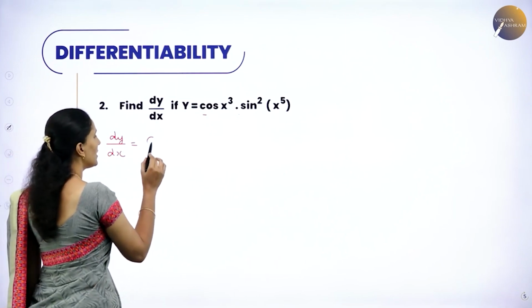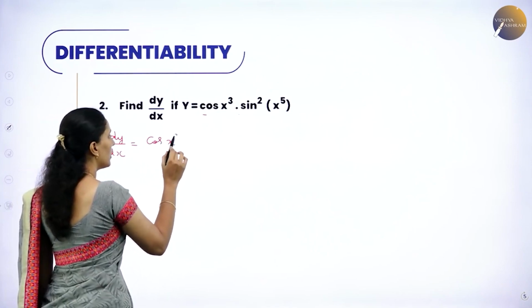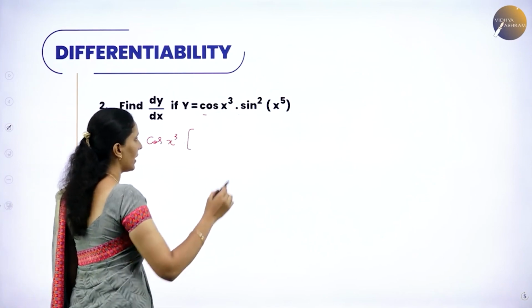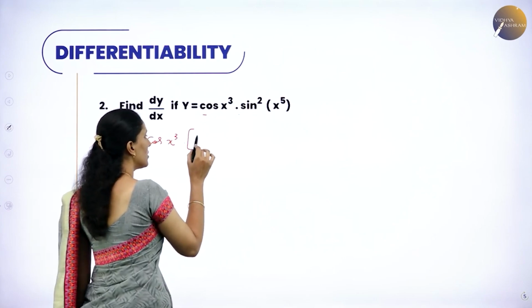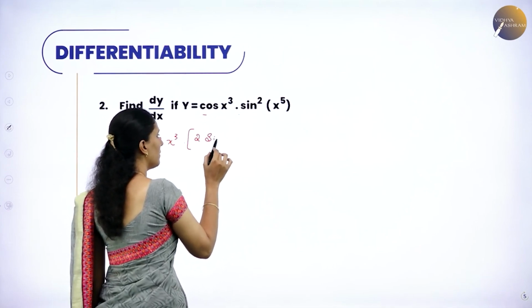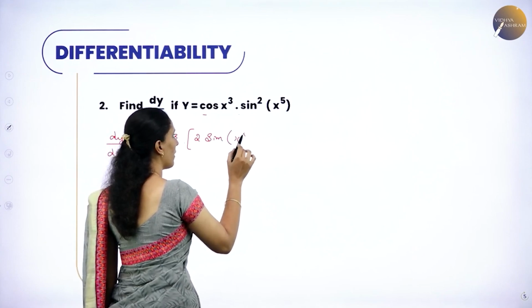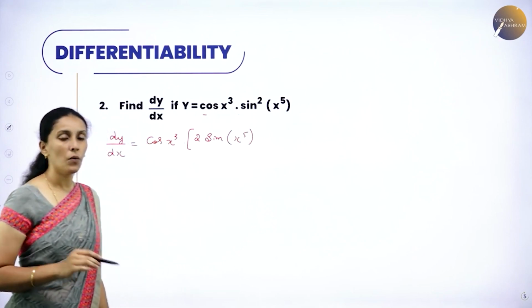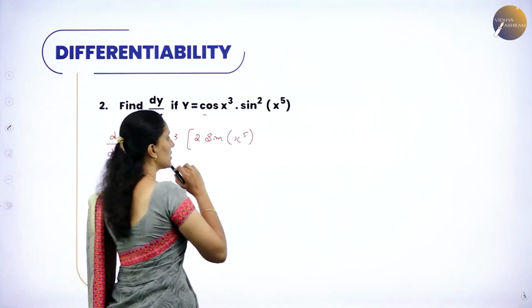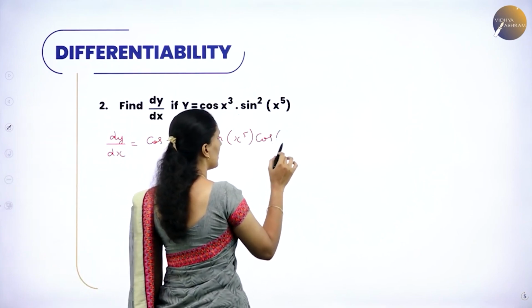So we have first function into derivative of the second. So when you have sine square, just write it as 2 sine x to the power 5. Now differentiate sine. What is the derivative of sine? It is cos x to the power 5.